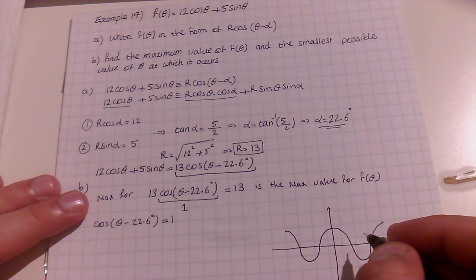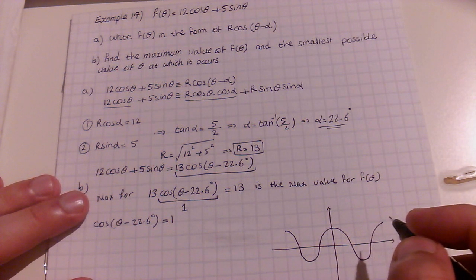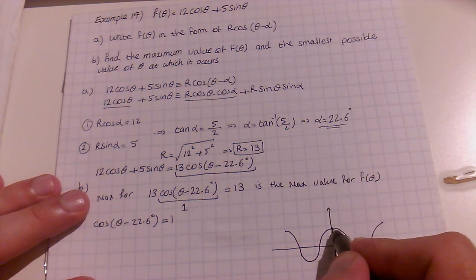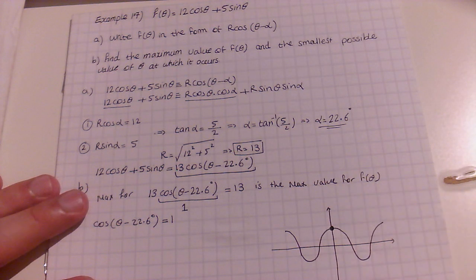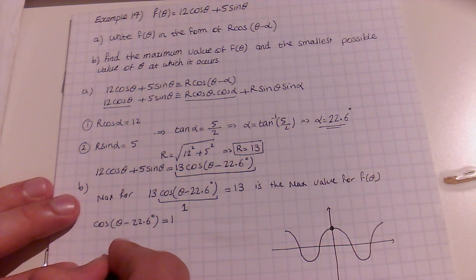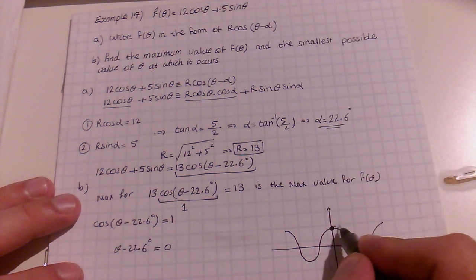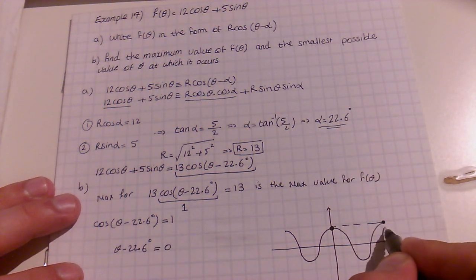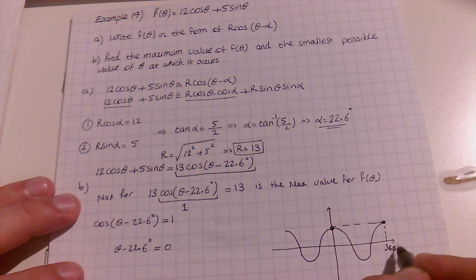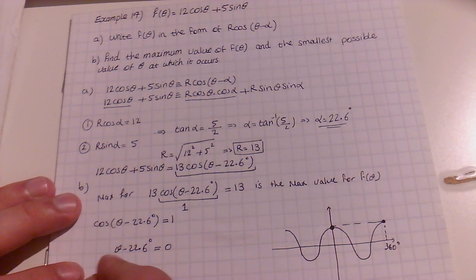Part B says find the maximum value of f theta and the smallest positive value of theta at which it occurs. Okay, so to find the maximum value of f theta, what is f theta? F theta is 12 cos theta plus 5 sine theta, which is equal to 13 times cos theta minus 22.6 degrees.